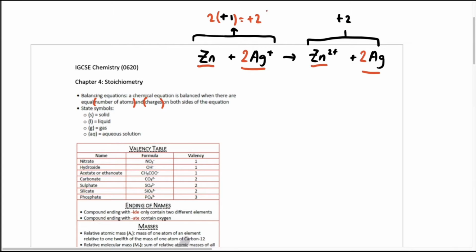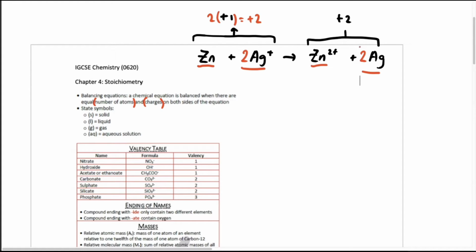Okay, the charge is also balanced. So you have to balance both the charges as well as the atoms on both sides of the equation. So that's why we put 2 over here and here to balance the number of atoms as well as the charge. So that is what we need to do here.